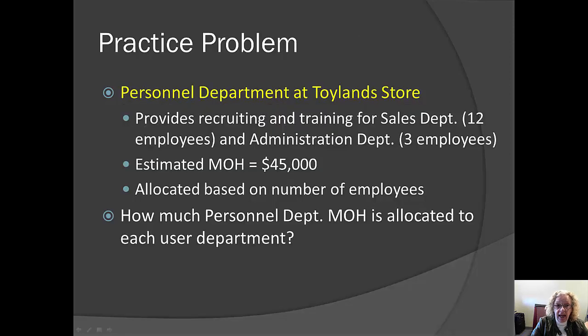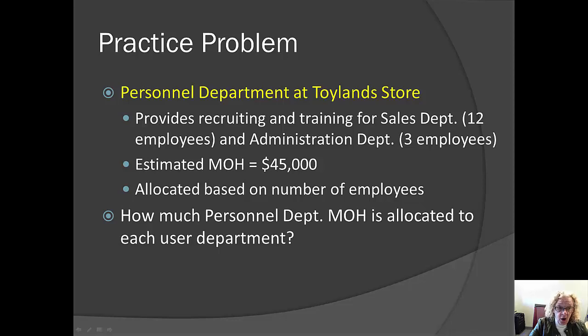Let's take a look at a practice problem. Toyland Stores has a personnel department, and that personnel department does work for both the sales department and the administrative department. The sales department has 12 employees, and the administrative department has 3 employees.